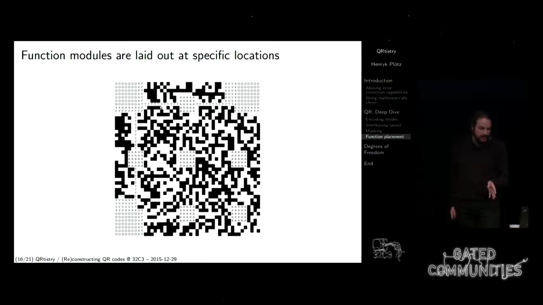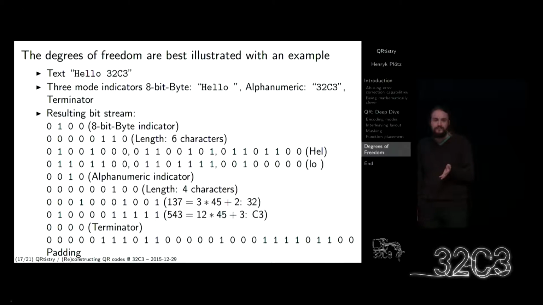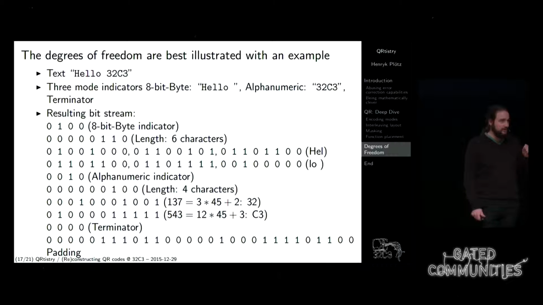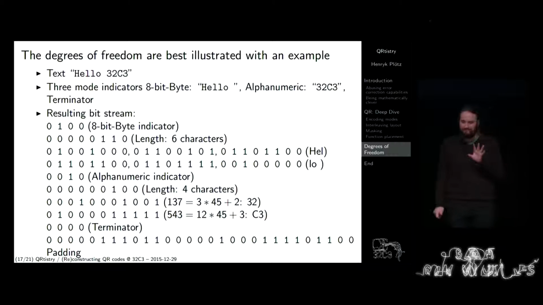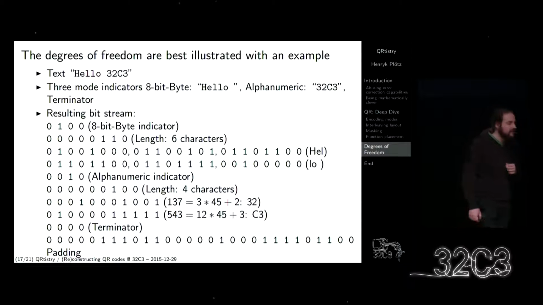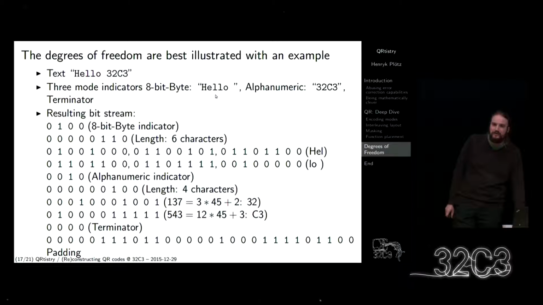To show you how many degrees of freedom you have, it's best to use an example. I'm just encoding the text hello 23C3, and using these mode indicators. I would split this into two different sections. One has 8-bit bytes because the normal alphanumeric doesn't have lowercase characters. So I'm using 8-bit bytes for those characters, alphanumeric for those characters, and then there's a terminator.